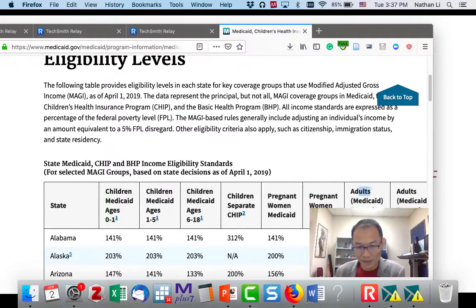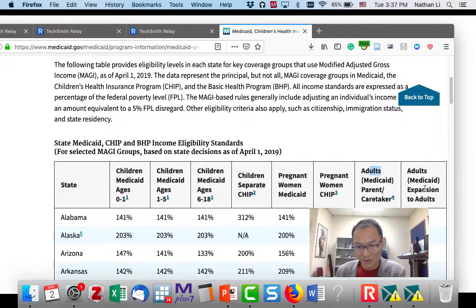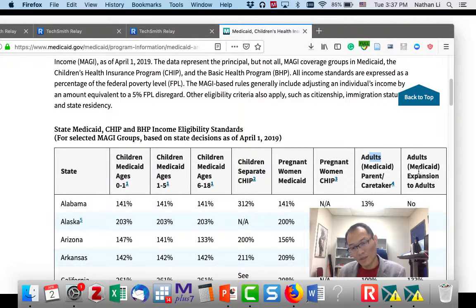here it says adults, Medicaid, parent, caregiver. Here it says adults, Medicaid expansion to adults. So again, this is not a requirement. It became available after 2014 when the ACA started kicking in.